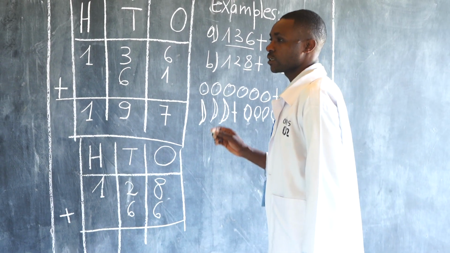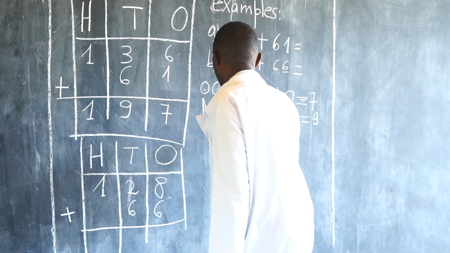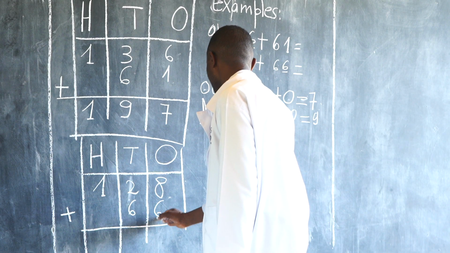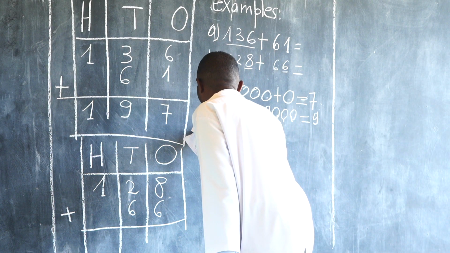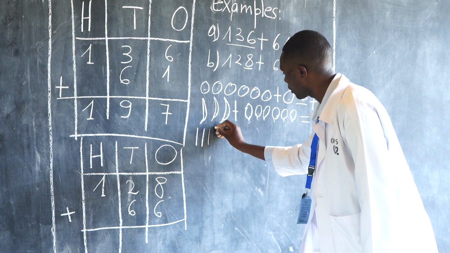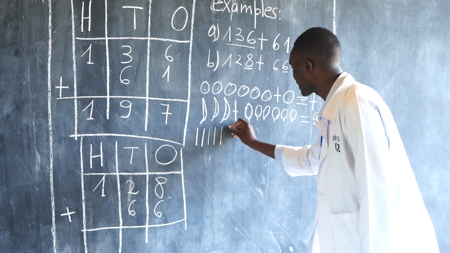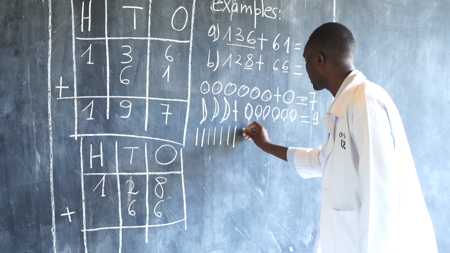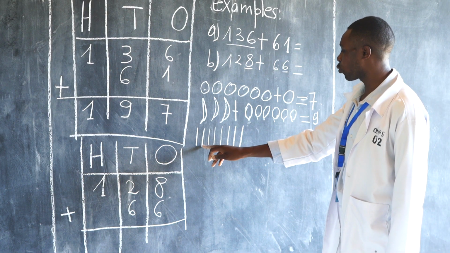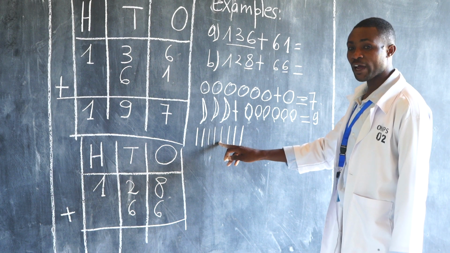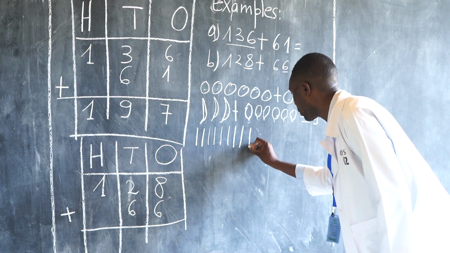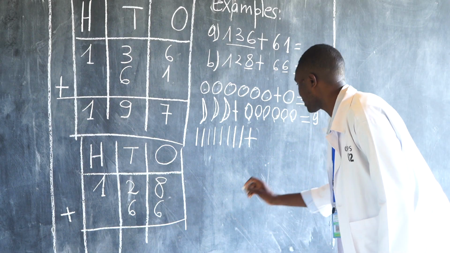Now let us make bars in order to help us to get the answer of 8 plus 6. Now 1, 2, 3, 4, 5, 6, 7, 8. Now we have 8 bars. Now plus 6.